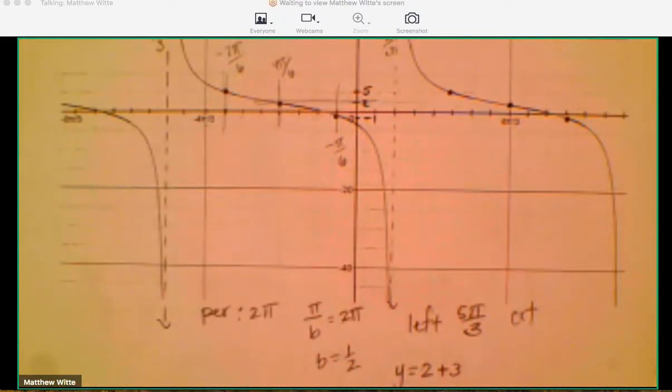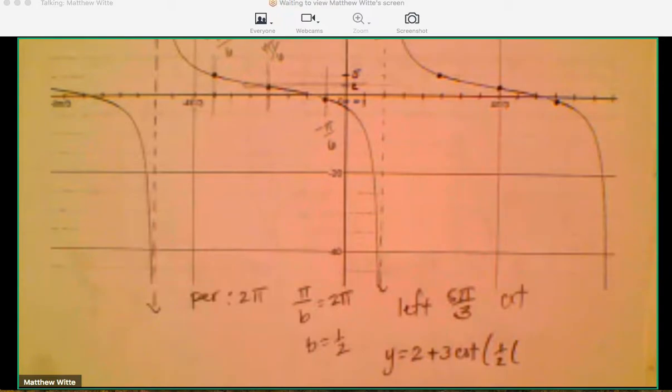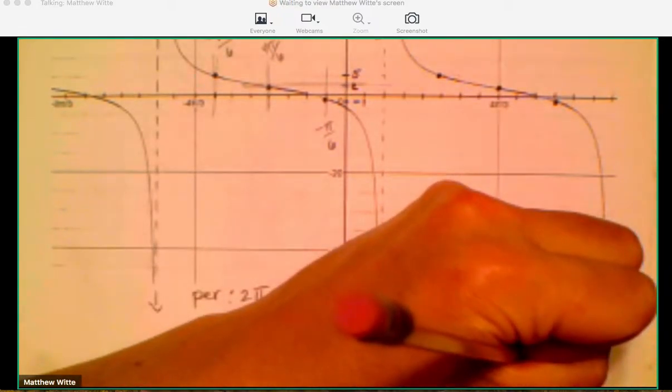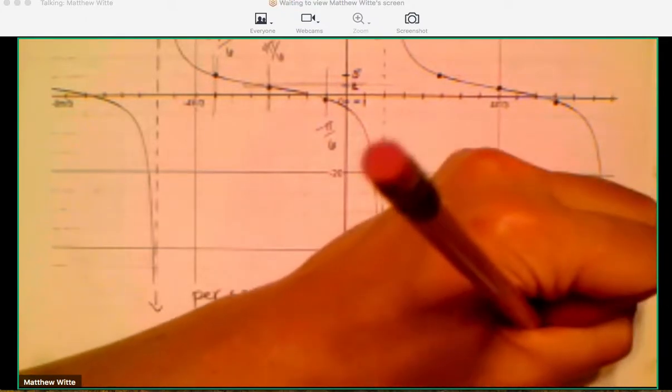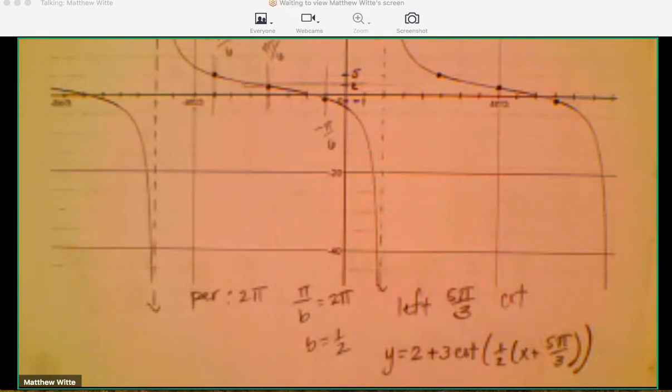Okay, so it's going to help a little bit because now you can see that I'm going to use the cotangent. I'm going to write in that I have a 1/2, and again, I said you don't have to distribute. And then we have that x. I'm going left, which means plus 5 pi over 3.